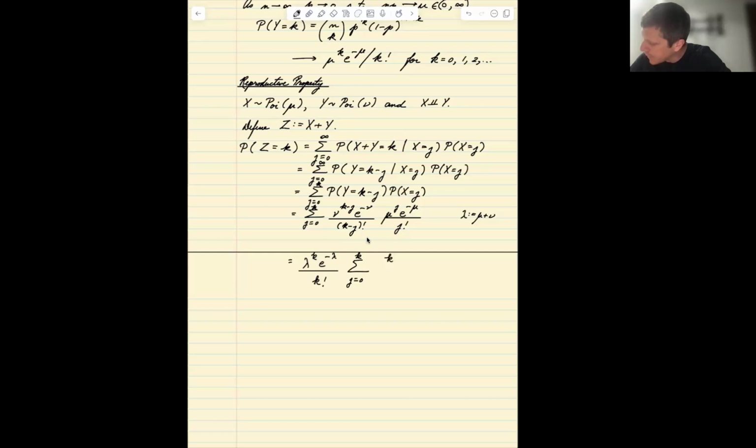So we end up with K factorial on the top, lambda to the K on the bottom, e to the lambda on the bottom. But e to the lambda is e to the mu plus nu, and we have e to the nu and e to the minus mu on the top. So we're going to get some cancellation here.